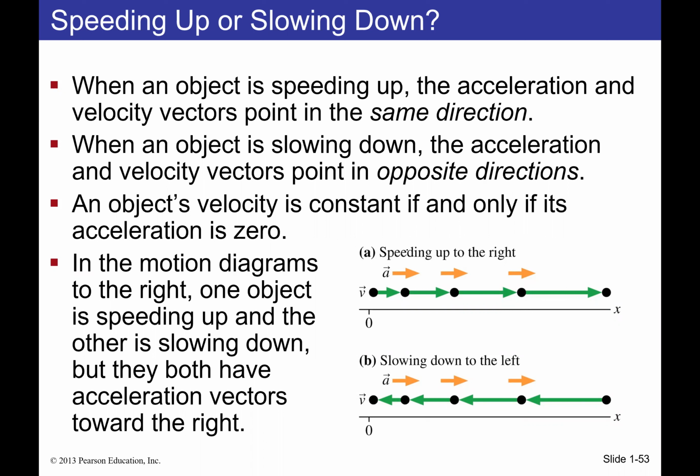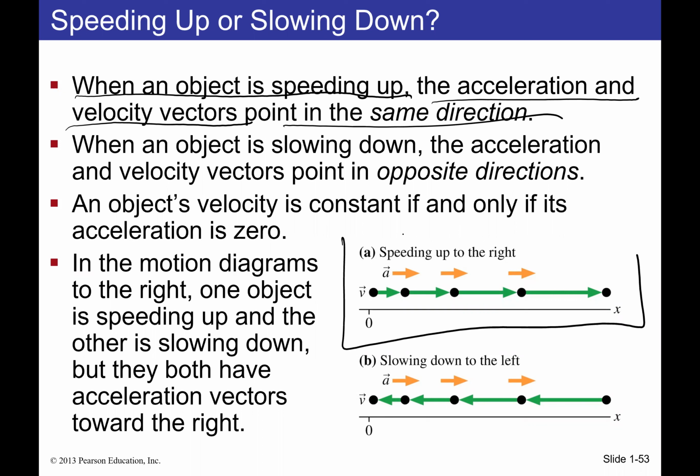When an object is speeding up, the acceleration and velocity vectors point in the same direction. So here's that example. Let's say you have an object that is moving to the right. If you have acceleration that is also to the right, then you know that the next velocity will be longer.